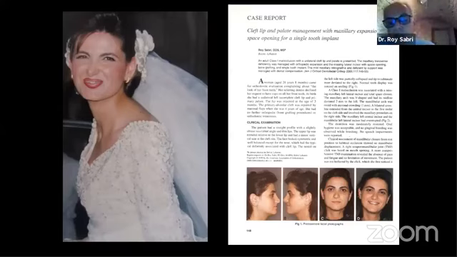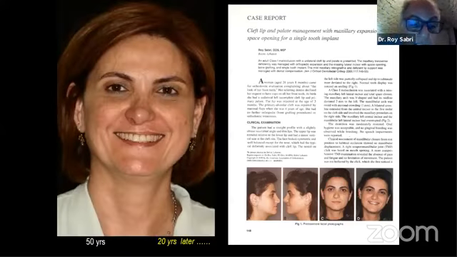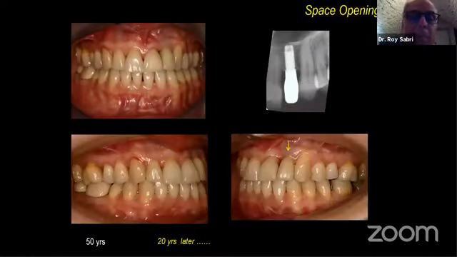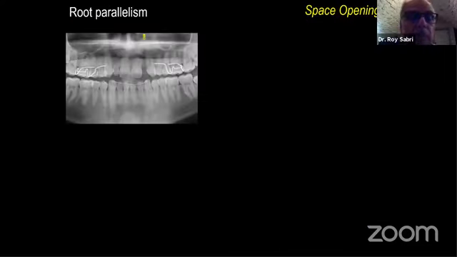And she said no, she got married with the braces, but was smiling like this all the time to hide the braces. And I published her in the EGO and saw her 20 years later at 50, and you can see the nice outcome as far as gingival level.